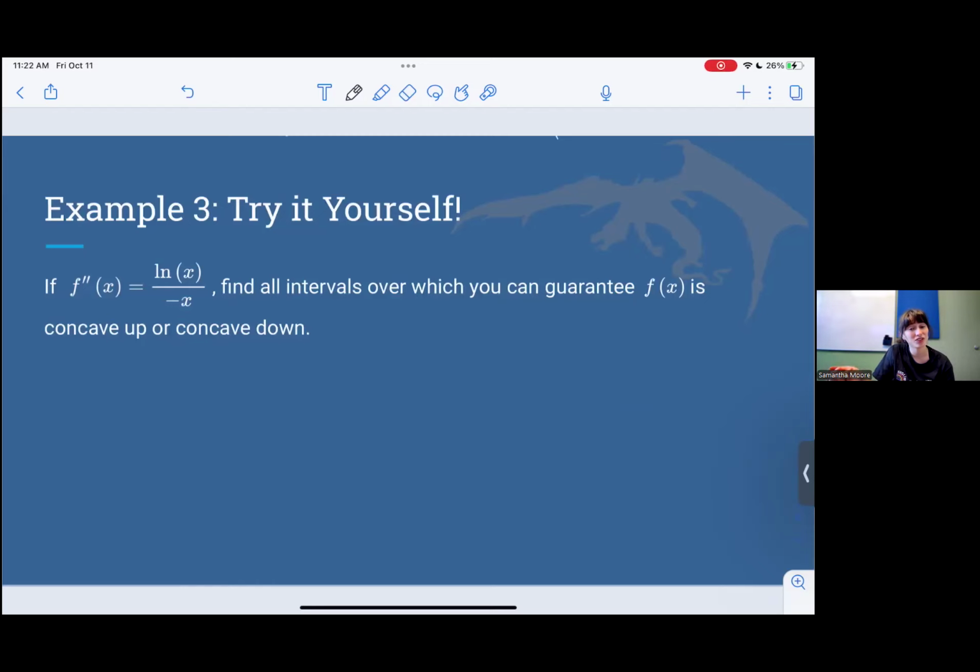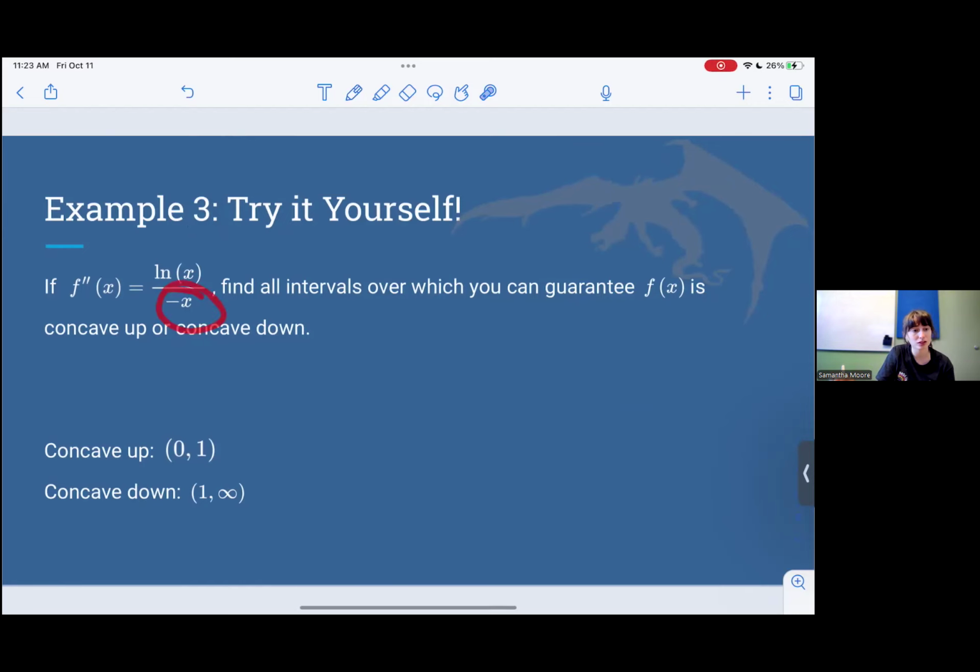All right, hopefully you did actually pause and try this yourself. What you should have found is that f is going to be concave up between 0 and 1 and concave down between 1 and infinity, because f double prime is positive from 0 to 1 and negative from 1 to infinity. Notice that we don't have anything before x equals 0, because our function will not be defined there.